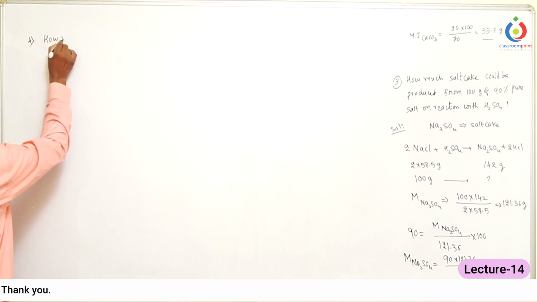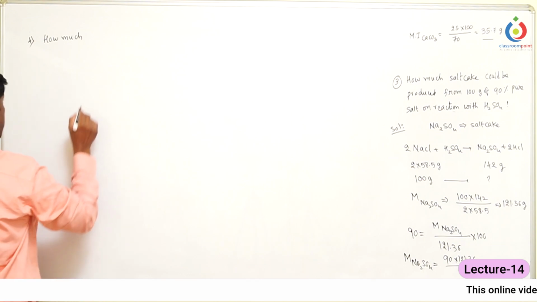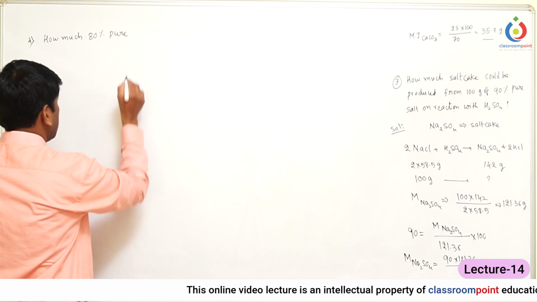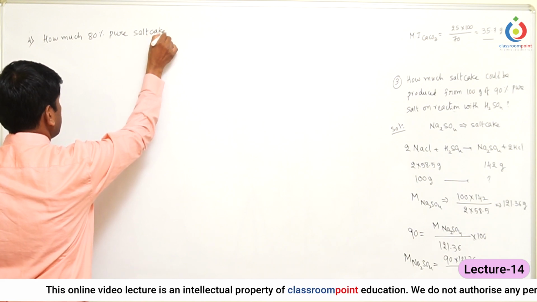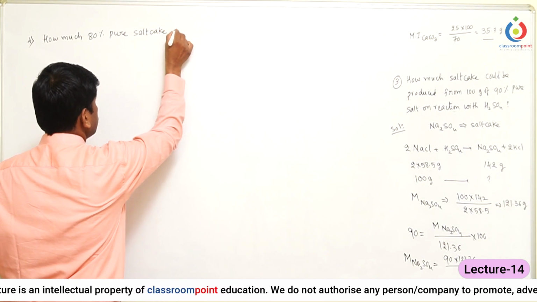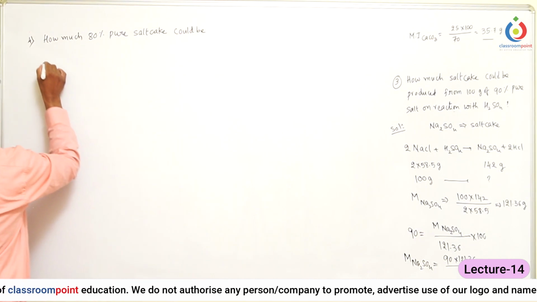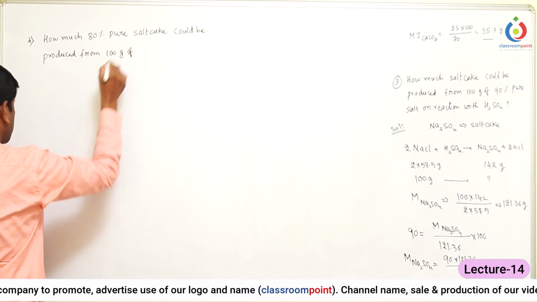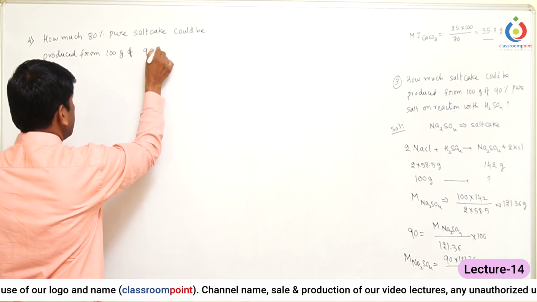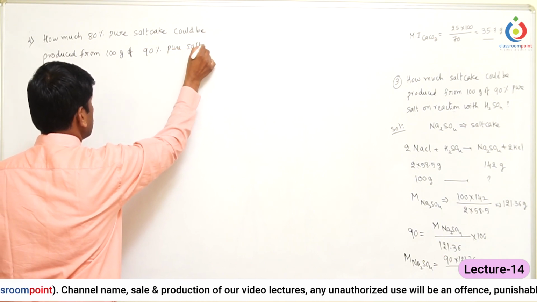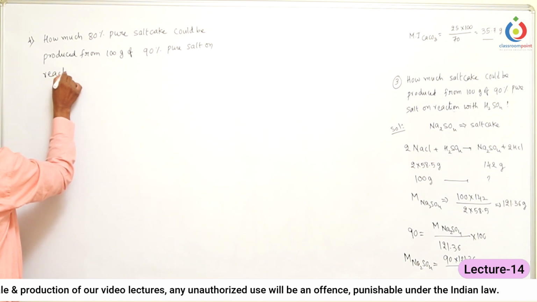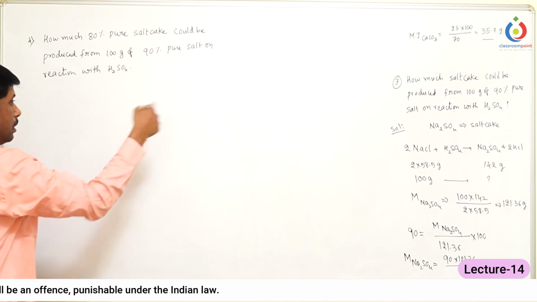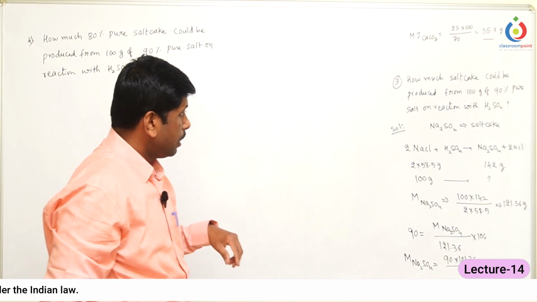How much 80% pure salt cake could be produced from 100 grams of 90% pure salt on reaction with sulfuric acid, H2SO4. Similar question, but the difference between these two is, here they are asking about the pure salt cake.